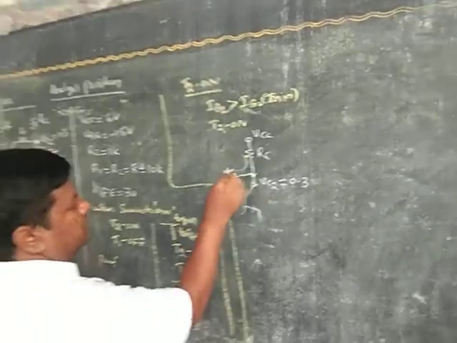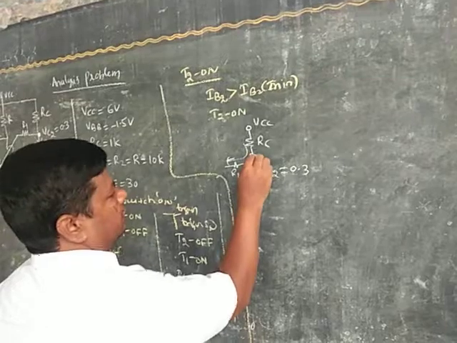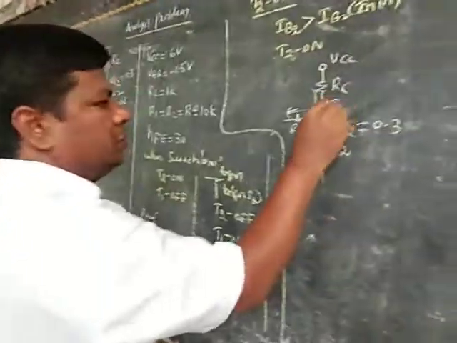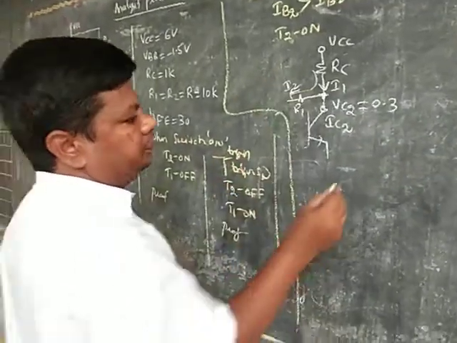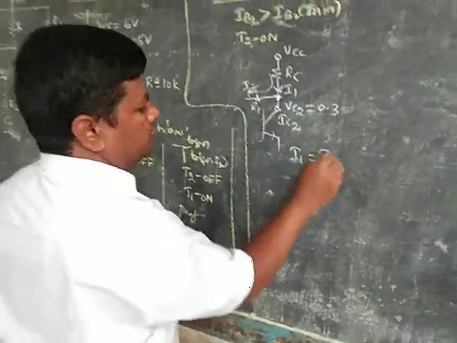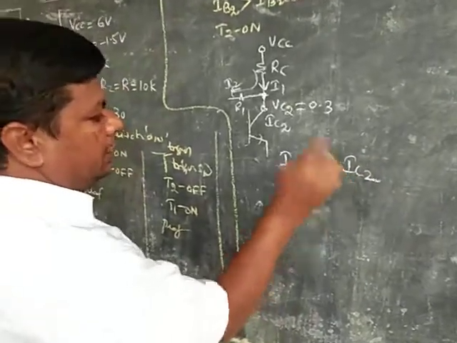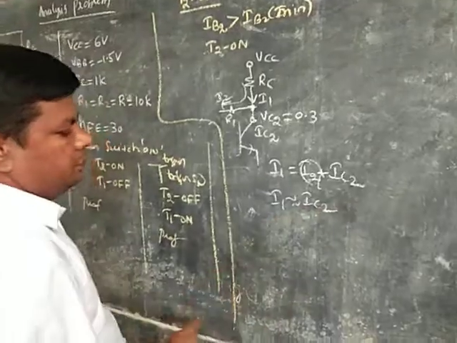Neglect the current in this branch; a very small amount of current flows in this branch. Then the current I1 is equal to I2 plus IC2. Neglect I2, then I1 is approximately equal to IC2.